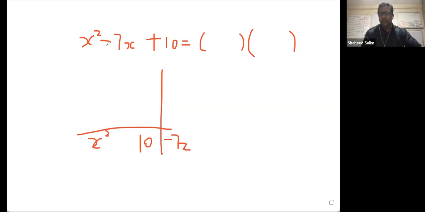Just now the center was plus. Now center is minus. Clue: because minus times minus can give you plus 10. Let's say minus something times minus something can give you plus. So that's your clue.